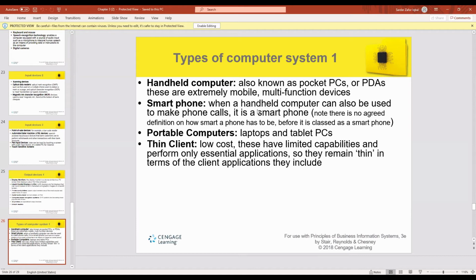Smartphone: a handheld computer that can also be used to make phone calls. Note there is no agreed definition of how smart a phone has to be before it is classed as a smartphone. So there is no specific definition for the smartphone. You are familiar with this. I hope there is no one who doesn't know what a smartphone is nowadays.